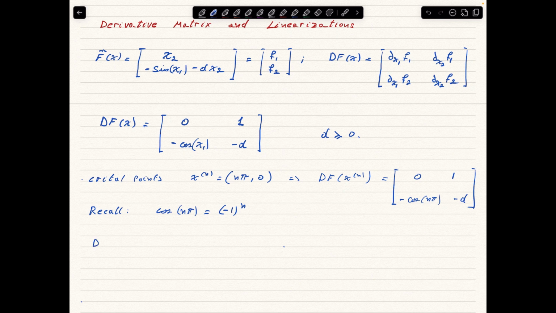We end up with the derivative matrix at the point x_n is going to be 0, 1, negative 1 to the power n, and recall there was another negative 1, and then negative d.